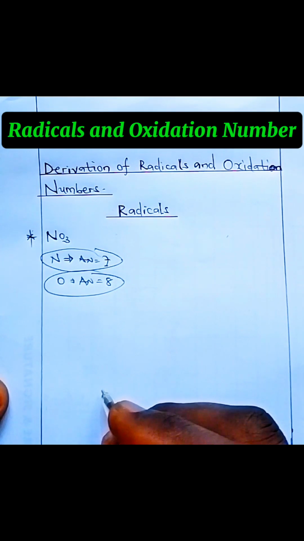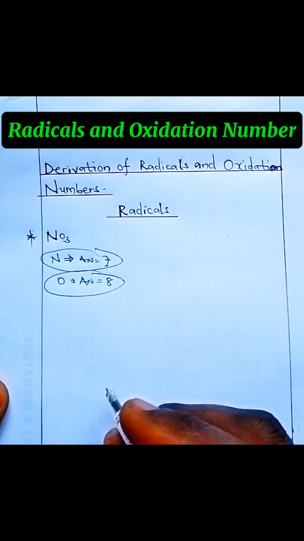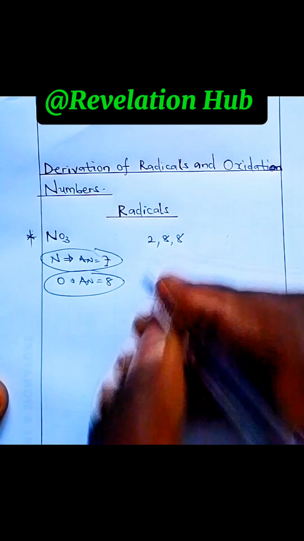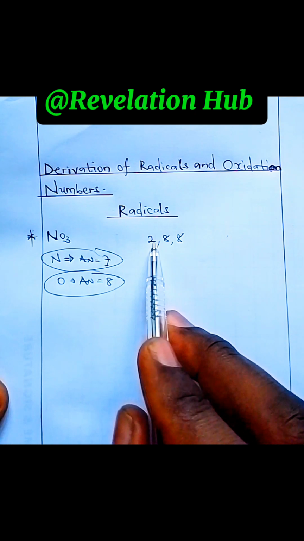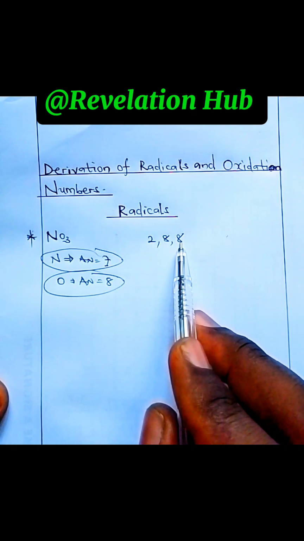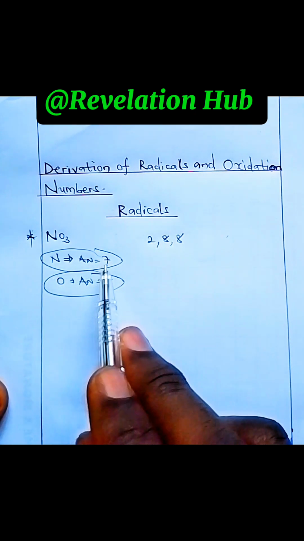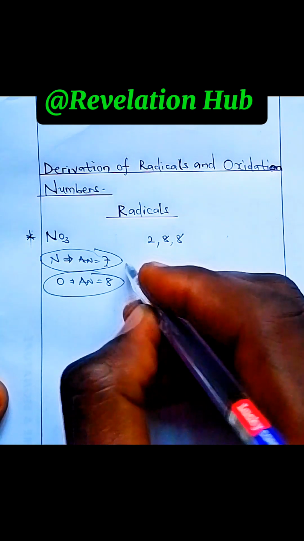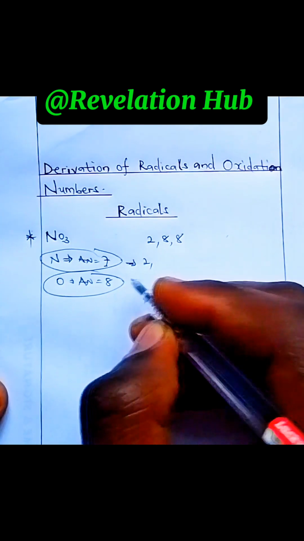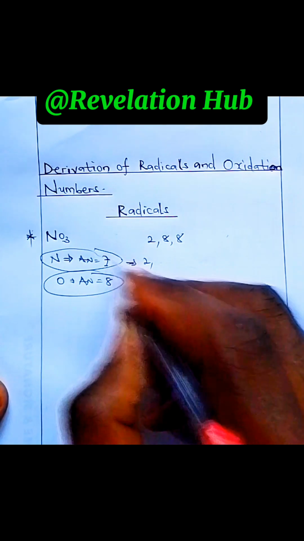So what we're going to do first is get the radical. Don't forget, for the first 20 elements, according to electronic configuration in the previous association, we use the 2, 8, 8 shell filling. So the first shell takes 2, the second takes 8, the third takes 8. For nitrogen, which is atomic number 7, that means 2 for the first shell. After 2, what we have left is 5 for the next shell.